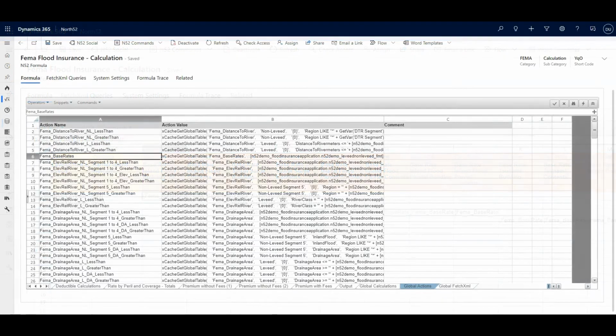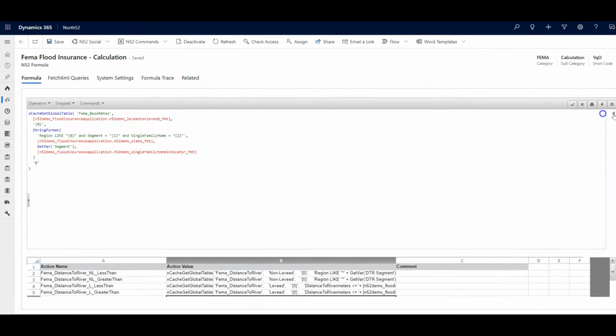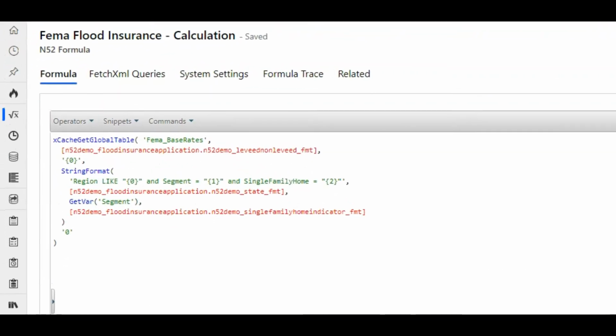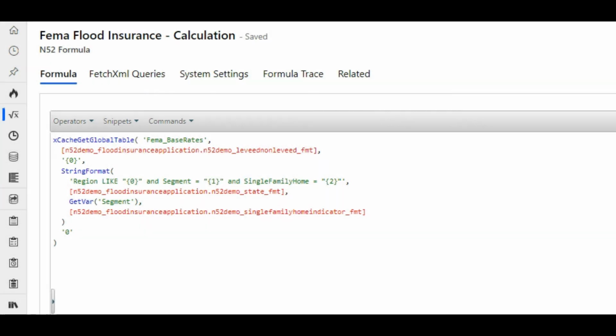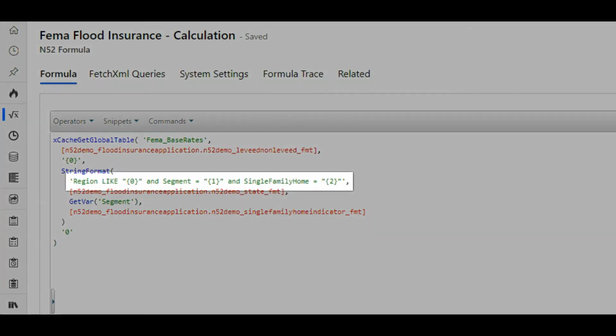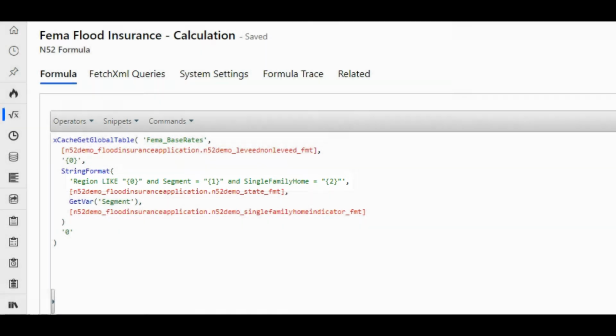Let's take a look at the global action FEMA_base rates. It shows how the xCache data table is filtered to return the relevant value. The parameter inland flood building replaces the placeholder currently highlighted and determines the sheet in the xCache table that will be queried. There are three filter parameters that are dynamically injected at execution: region, segment, which is determined by the logic in the sheet previously shown, and the single-family home indicator.